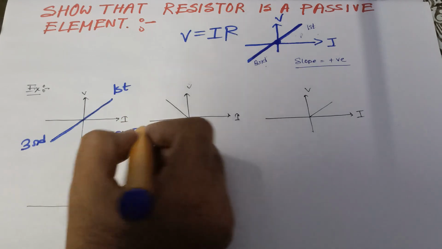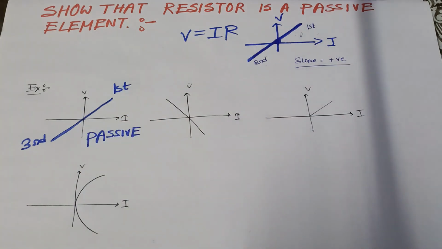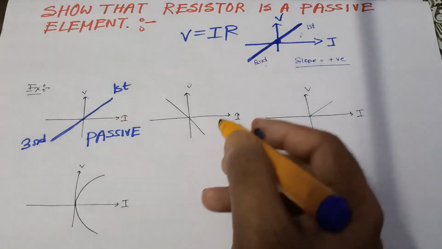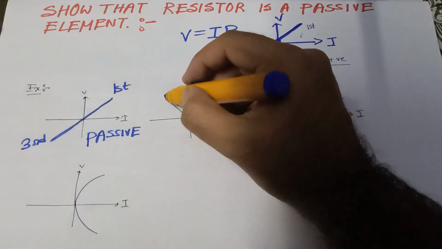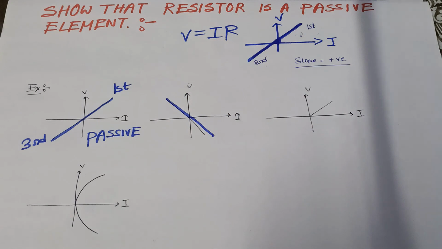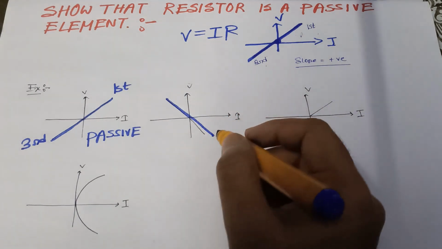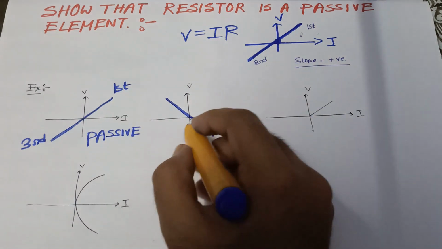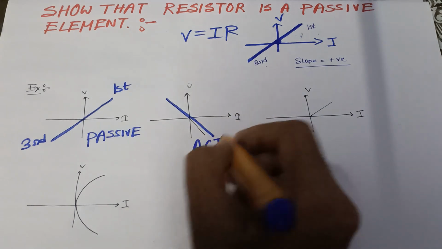Because the slope is positive, and if slope is positive the element will be passive, and if the slope is negative the element will be active. In this case, the straight line lying on second and fourth quadrant, so slope is negative, and then it is active element for sure.